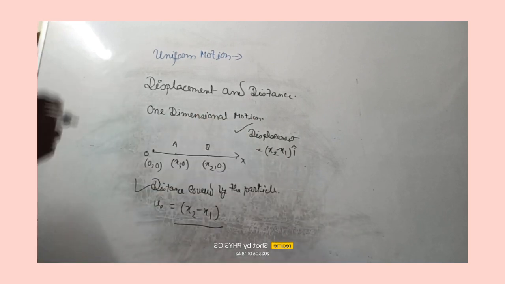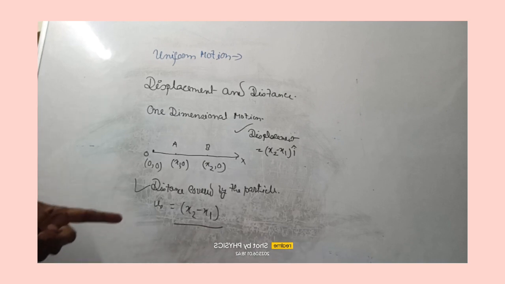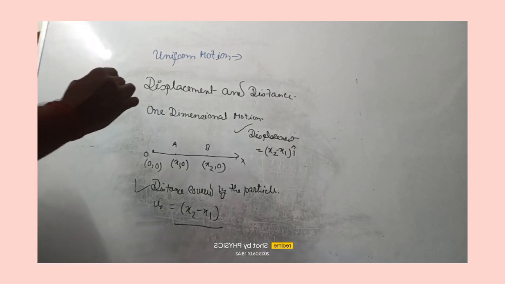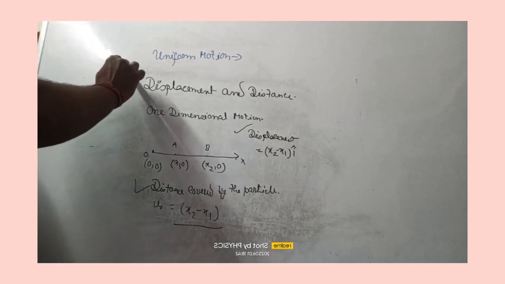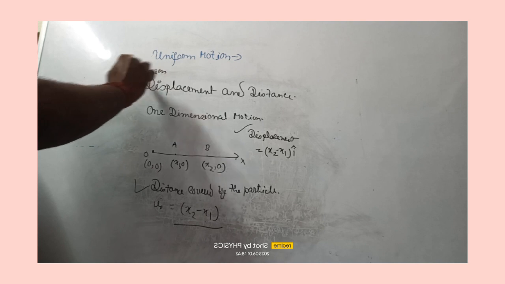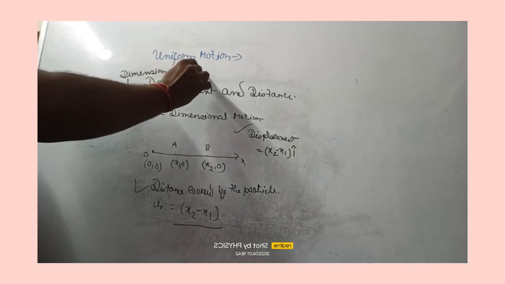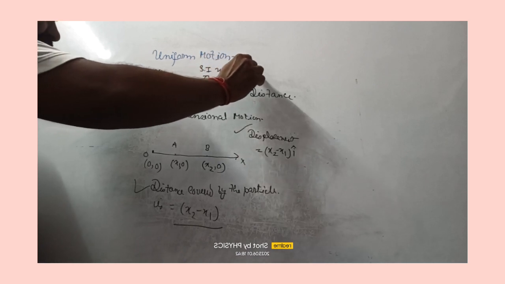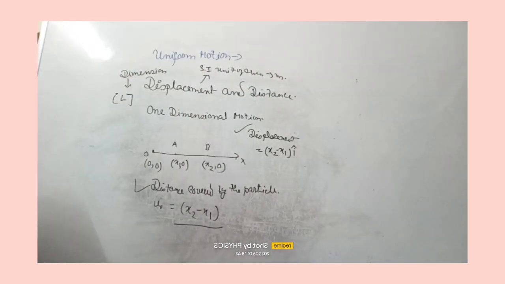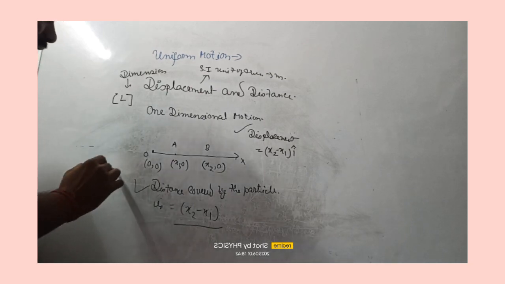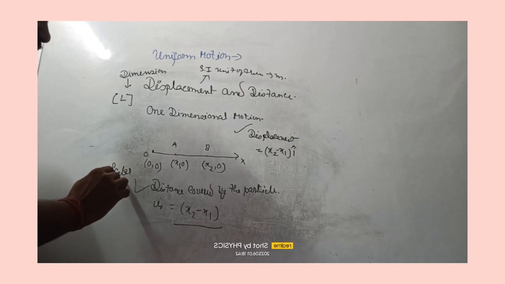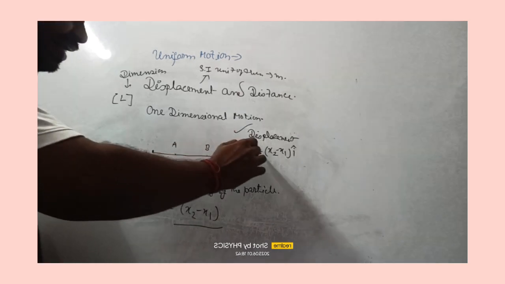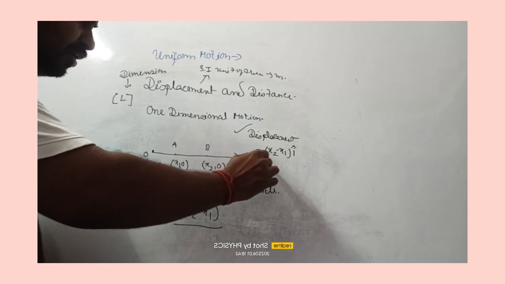Now distance and displacement have the same unit, the SI unit meter, and they have the same dimension, that is L. Distance is a scalar quantity, and displacement is a vector quantity.